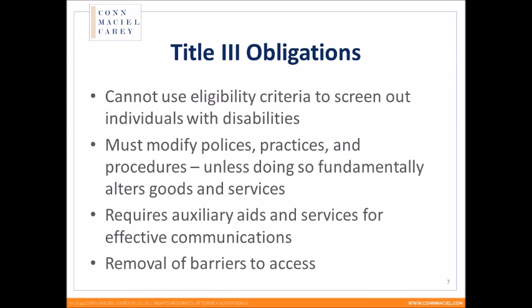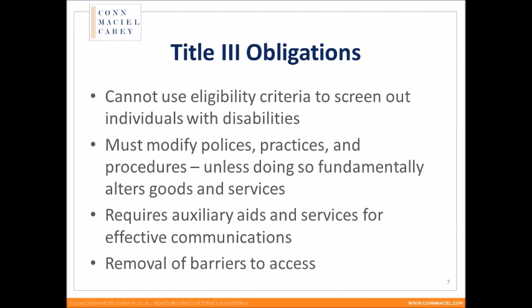You must also, as I mentioned, modify your policies and practices and procedures, unless doing so would fundamentally alter the goods and services of what you do. So for example, you need to allow service animals into public spaces of your property, even if you have a no pet policy, because service animals are not considered pets under the law. And that's a relatively easy thing to do without fundamentally altering the goods and services.